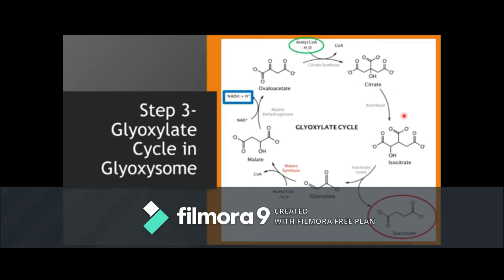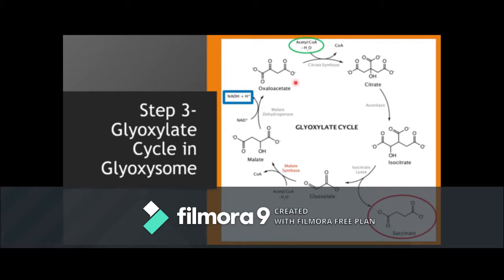The citrate then goes through another process by aconitase, which makes isocitrate, and then isocitrate becomes glyoxylate combined with more water and acetyl-CoA, making malate. Malate now goes through another oxidation process with NAD and takes away 2 hydrogen atoms.